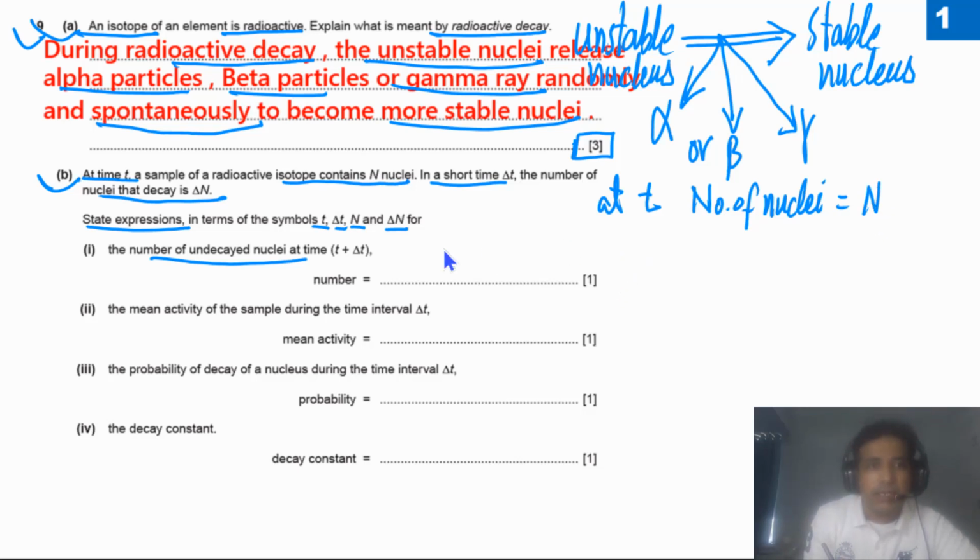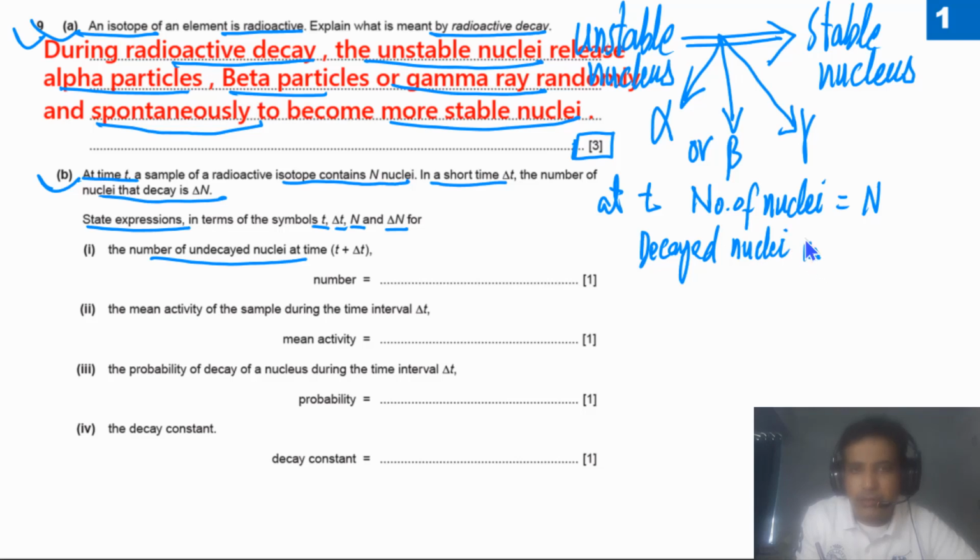It is also given to us that in time delta t, the number of nuclei decayed, decayed nuclei in time delta t, is equal to delta N. Now question is asking us at time t plus delta t, undecayed nuclei.